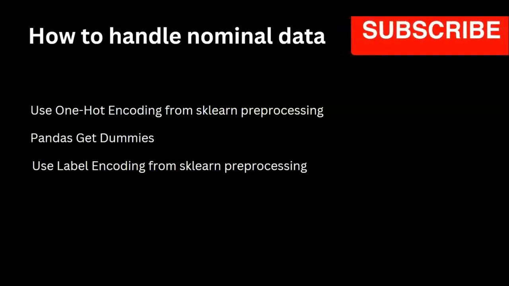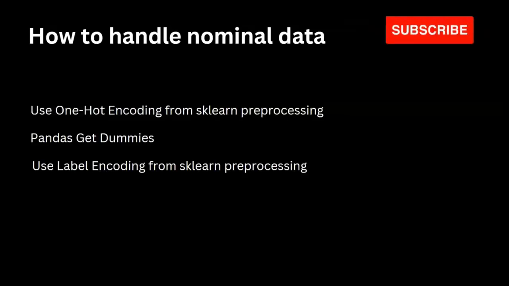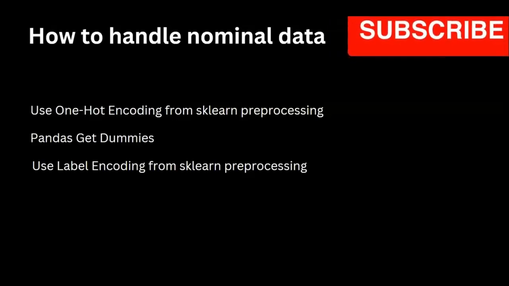Now, binary data in the sense 0 and 1. In the case of one hot encoding, it will convert that into binary form so that the machine will understand if it is 0, then what property it is, and if it is 1, then what property it is. It will be more clear when we go to the coding section. For now, just understand that we have got three main libraries that every data scientist tends to use for encoding the data.